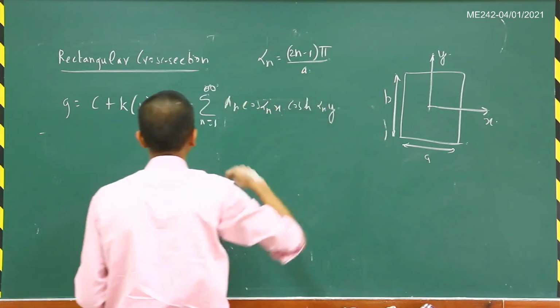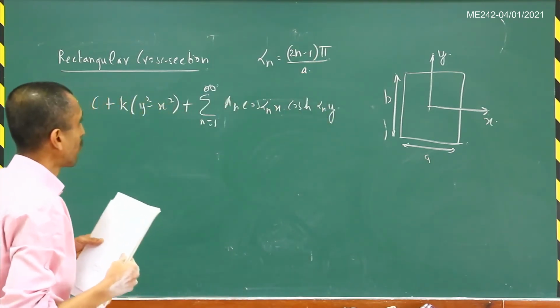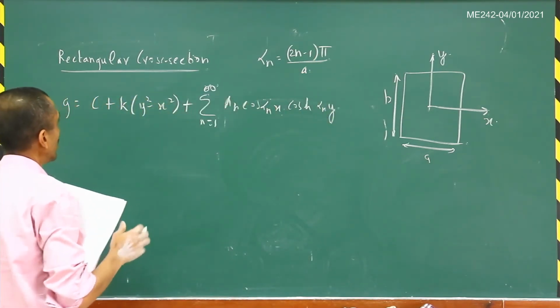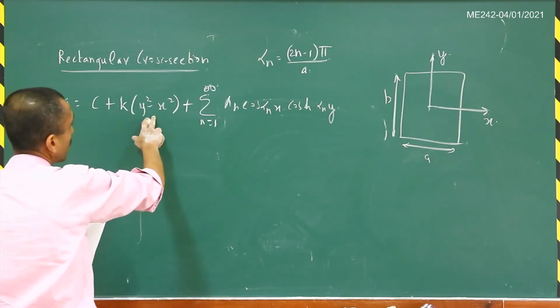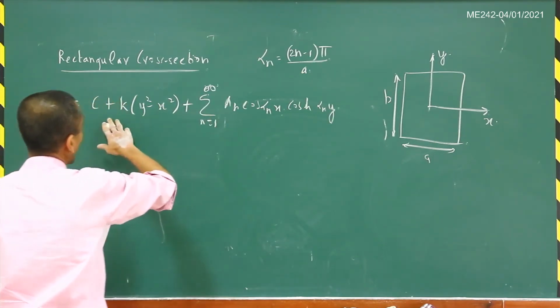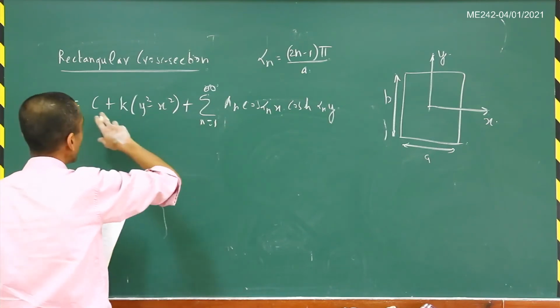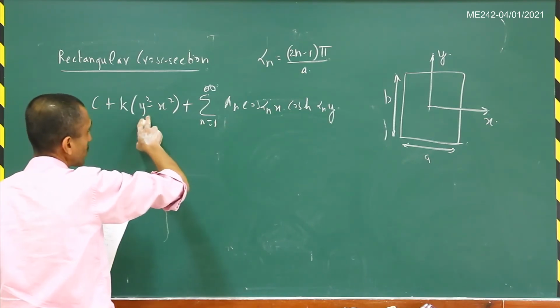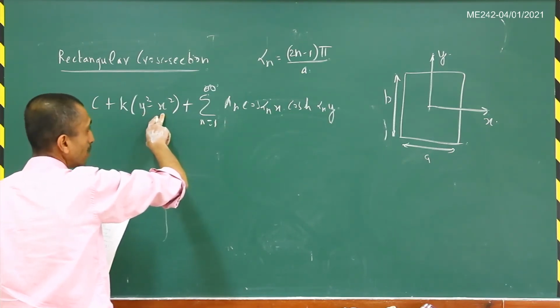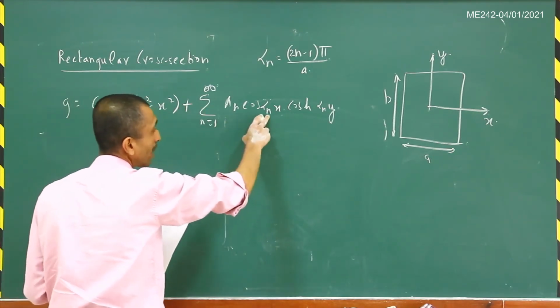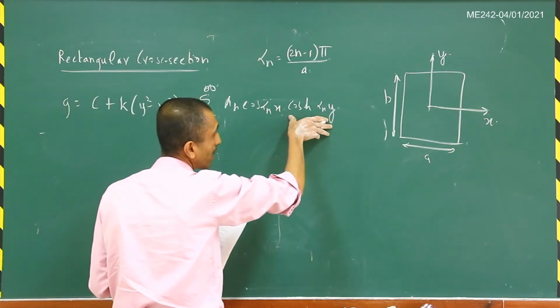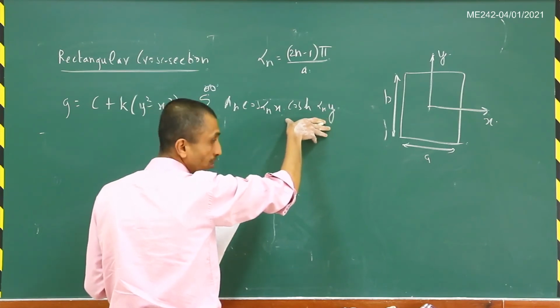Okay, now first of all, what we have done here is that we have combined three types of harmonic functions. So C is a harmonic function, y square minus x square is also a harmonic function, and cosine alpha n x cosine hyperbolic alpha n y is also a harmonic function.